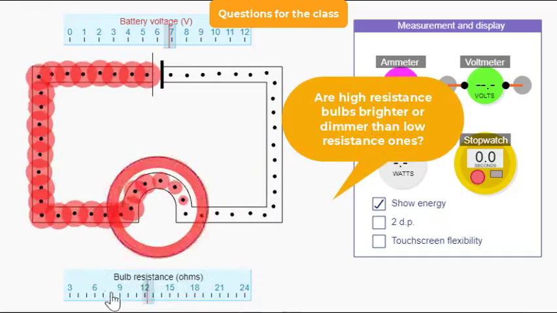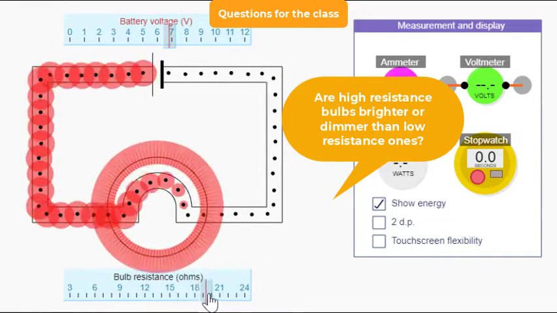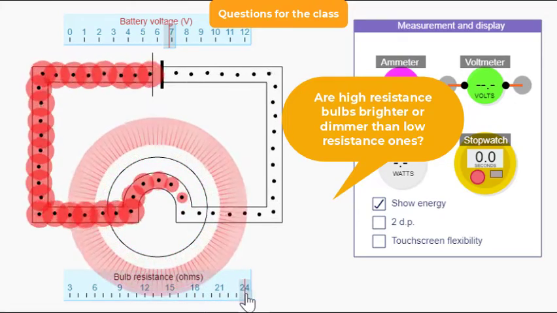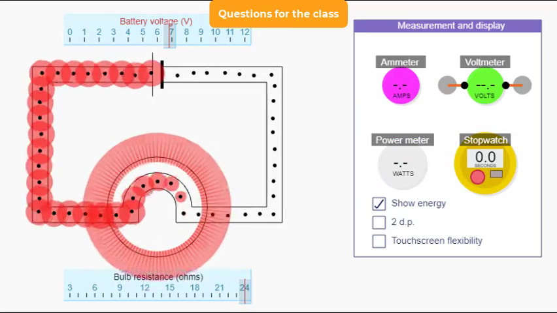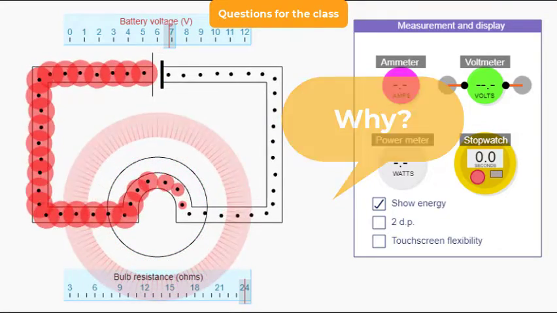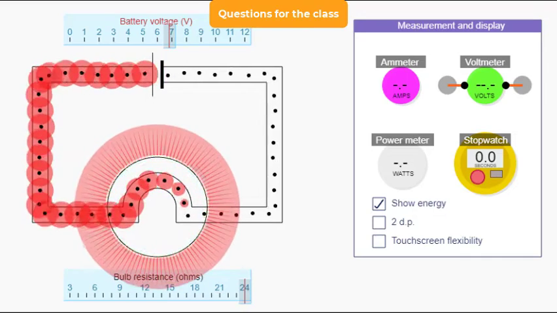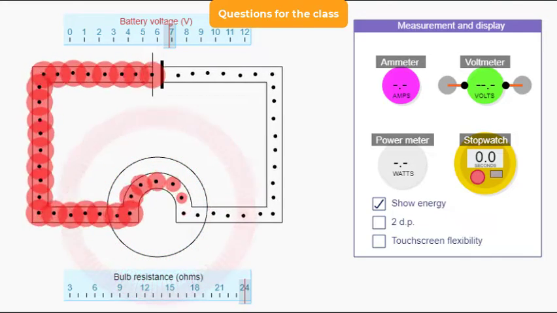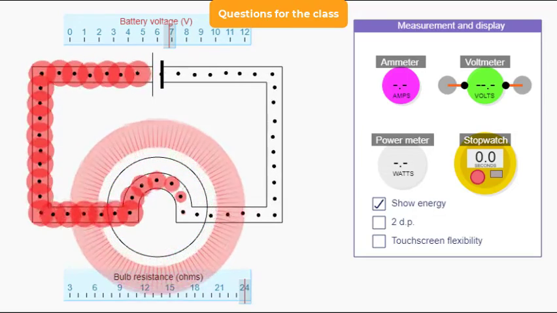So are high resistance bulbs brighter or dimmer than low resistance ones if you connect them to the same power supply? They're dimmer. Why? Because each charge loses the same amount of energy going through the bulb, but the charges arrive at the bulb slower. There's a smaller current.